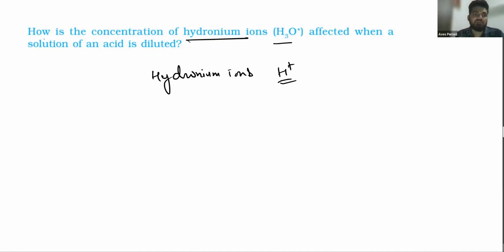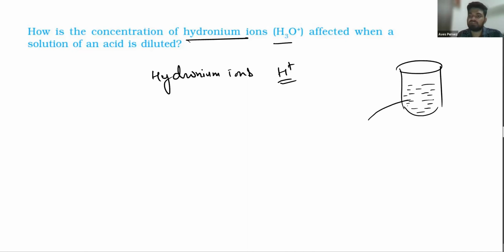Okay, so if you're saying that, how does the concentration of hydronium ion get affected when a solution of an acid is diluted? If I'm having this acid, let's suppose, I'm going to give you examples.